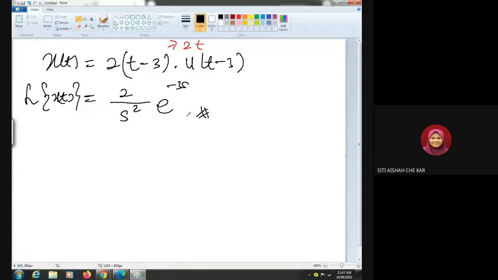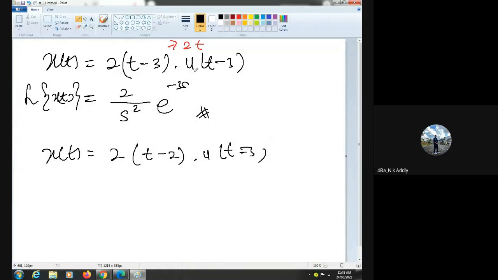Okay. Sekarang saya tukar sikit soalan. Apa beza soalan ni dengan soalan atas? Shifting dia tak sama. Time shifting.